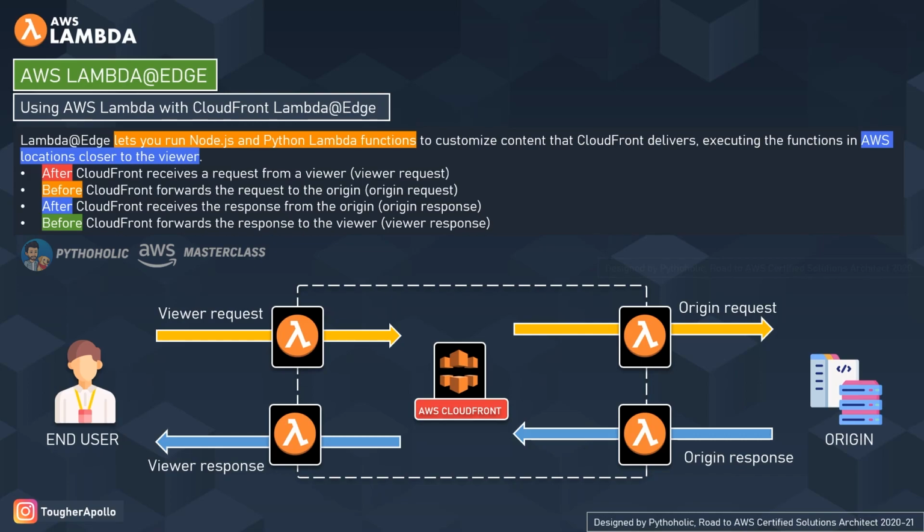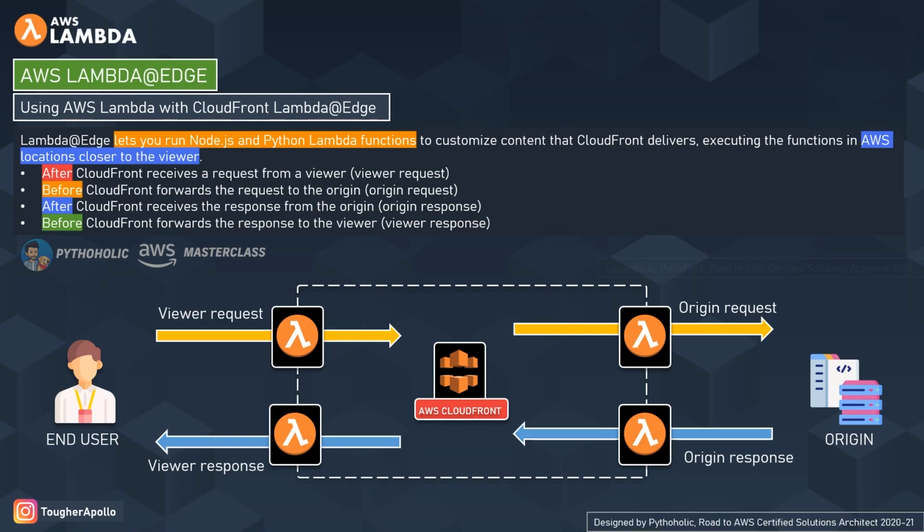So the second one that you see here is origin request. That is the outgoing request from CloudFront, and it triggers the Lambda code before CloudFront forwards the request to the origin. Okay, so if you see here, it's just before the origin and it has to pass through CloudFront. So that is why it is called origin request.